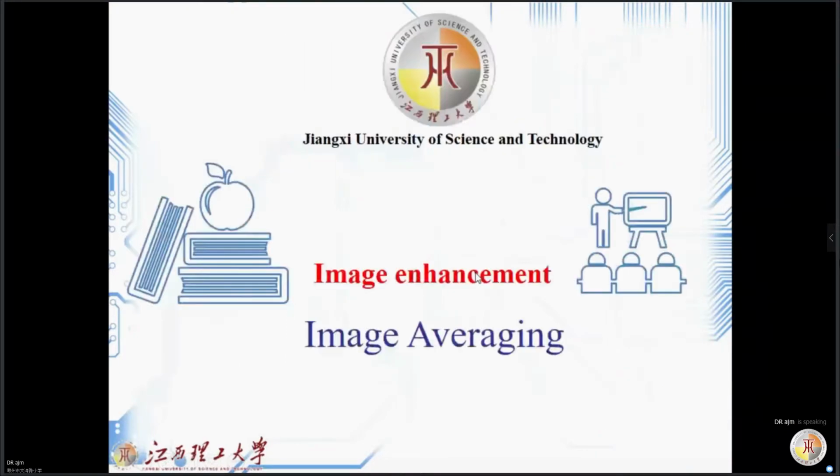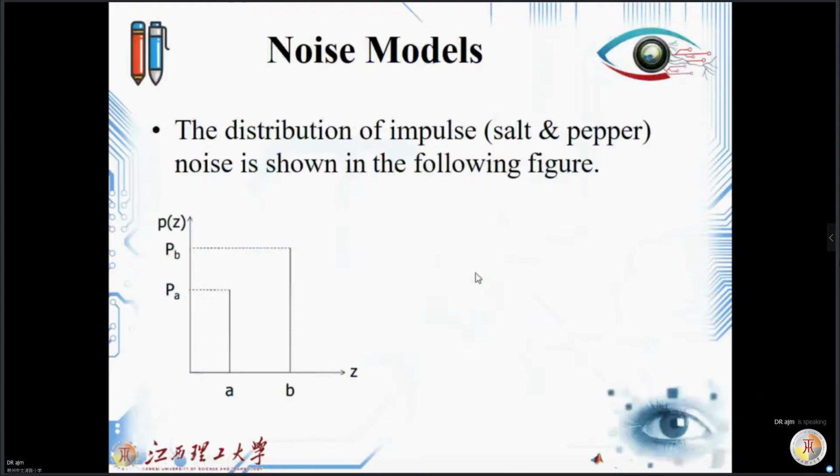We learned that we have some noise types, or unwanted signals, that have formulas. But maybe some of you ask me, do we have just these noise forms? No, we can have a mixture of these noises, a combination of them.